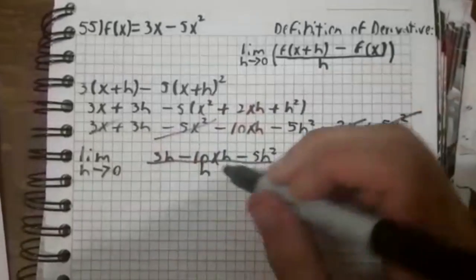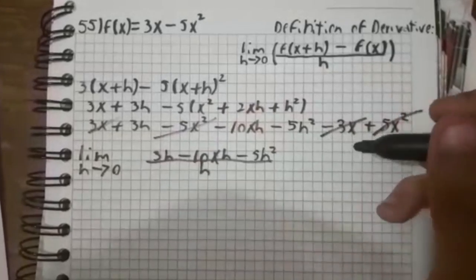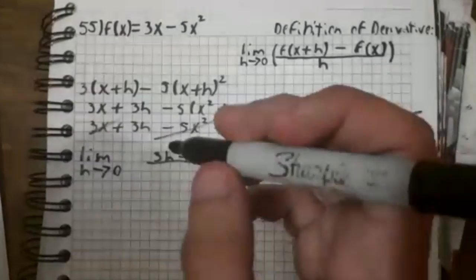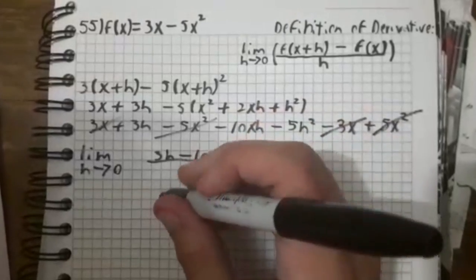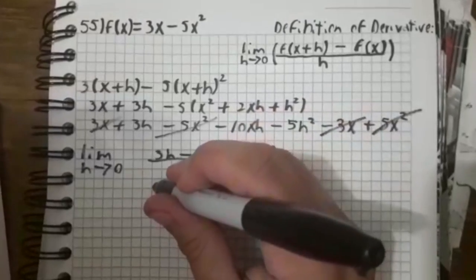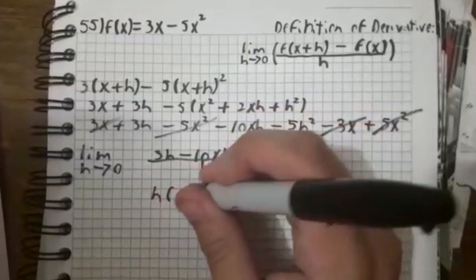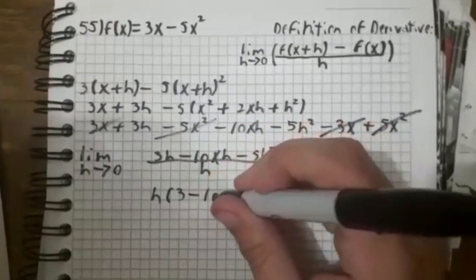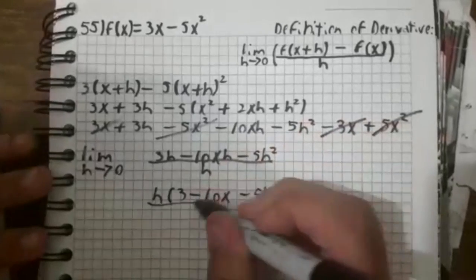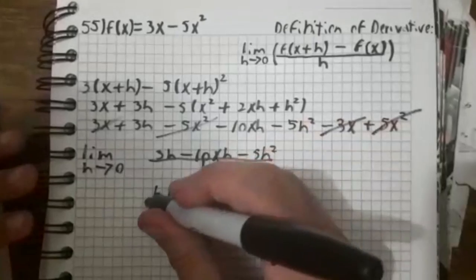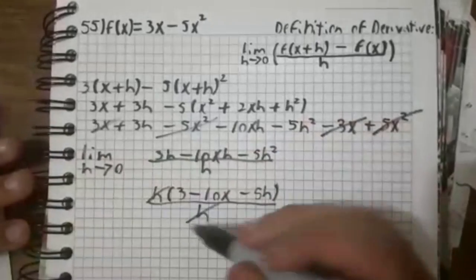And then to remove the h in the denominator, we simply have to factor the numerator, we simply factor out the h. This would be the result, and then we cancel the h's.